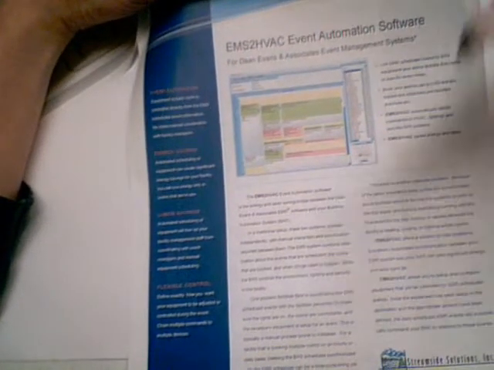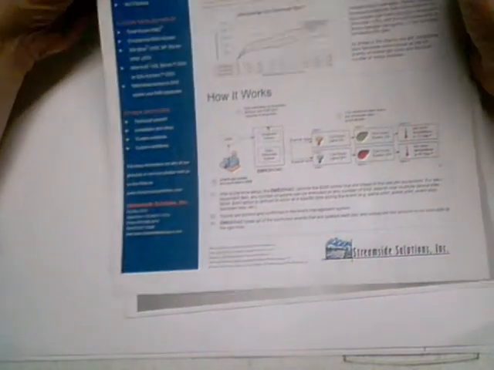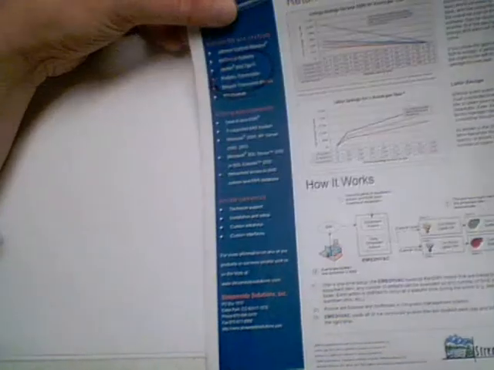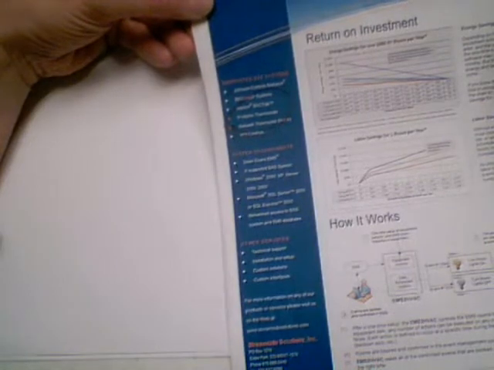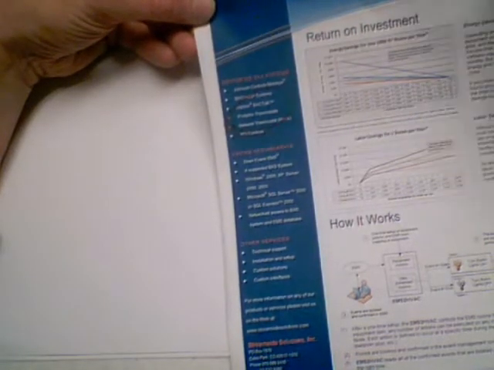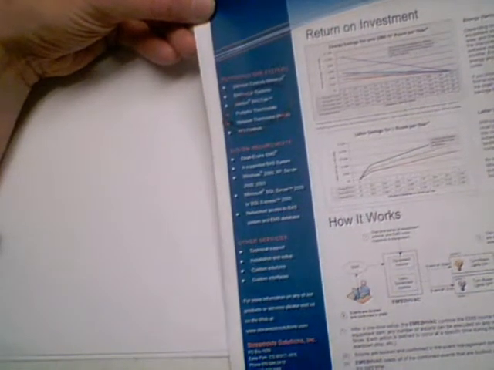They offer the solution, but what's interesting is that they have partnered with Proliphix so that it's plug and play with their thermostats. So as you can see up here, the Proliphix thermostats are plug and play with it, and there's a variety of software like that available.